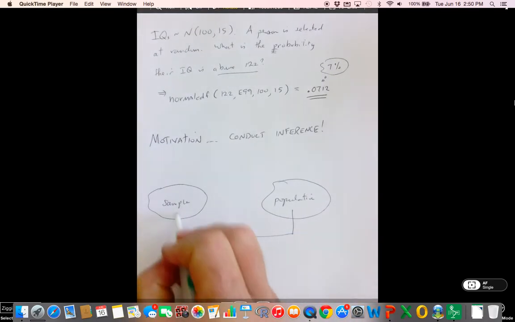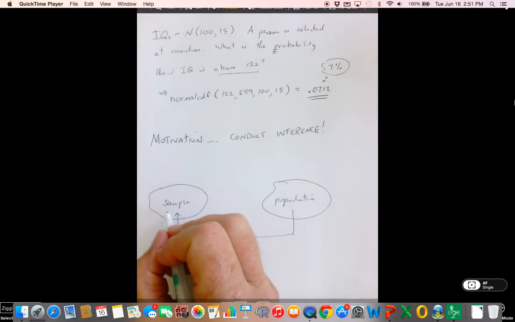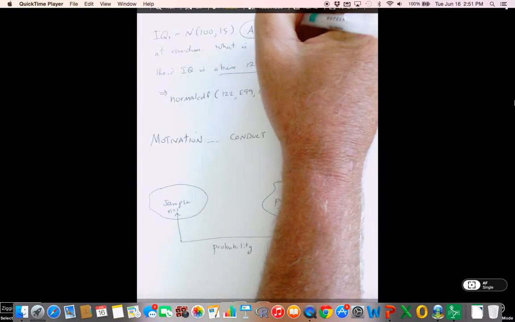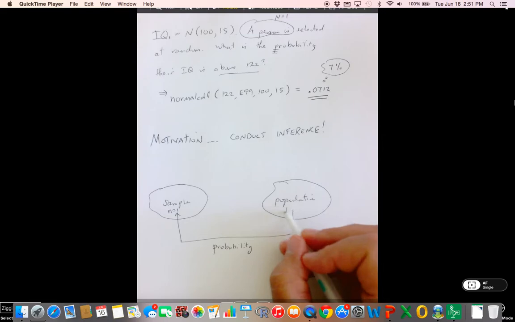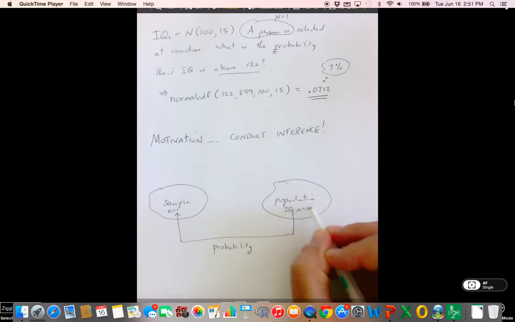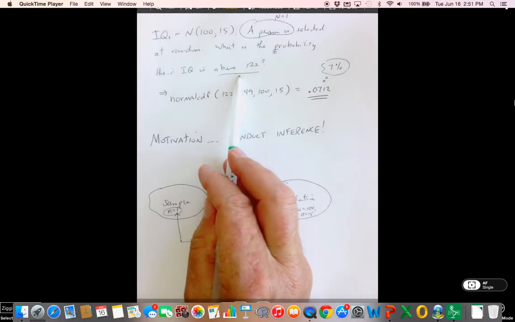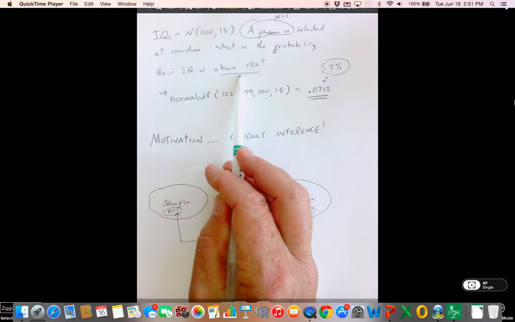We can determine the likelihood, using probability, of getting a sample of size n equal 1. A person, n equal 1, one person, that we know from a population. The example I used here was IQs, mean equal 100, standard deviation equal 15. We can determine the probability of getting one person with a particular IQ, well, actually a particular region of IQ, so we're saying above 122.